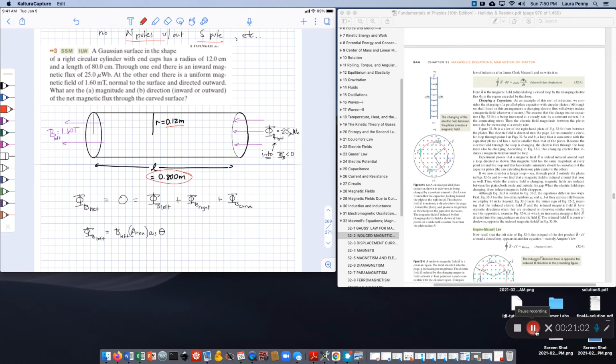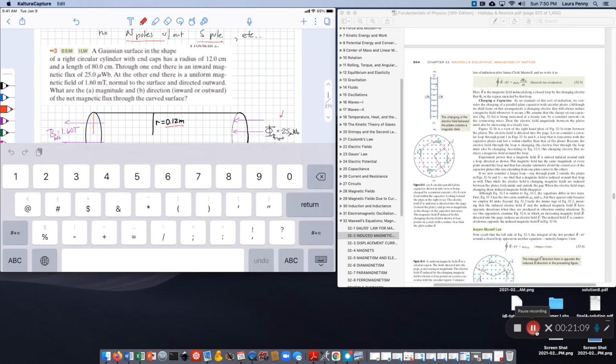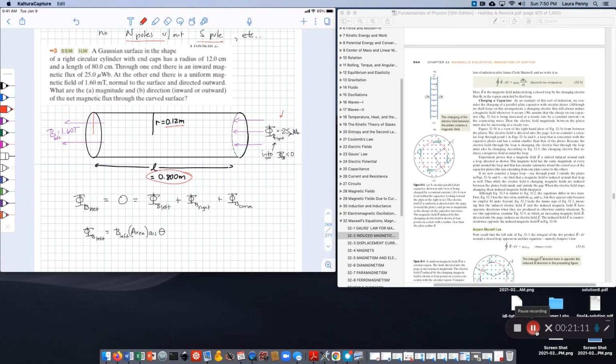At one end, which I decided to be the right side, I have a flux of 25 microwebers going into it. Because it's into it, that flux is officially negative.